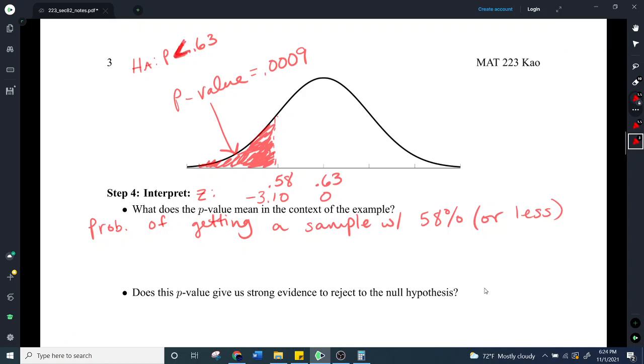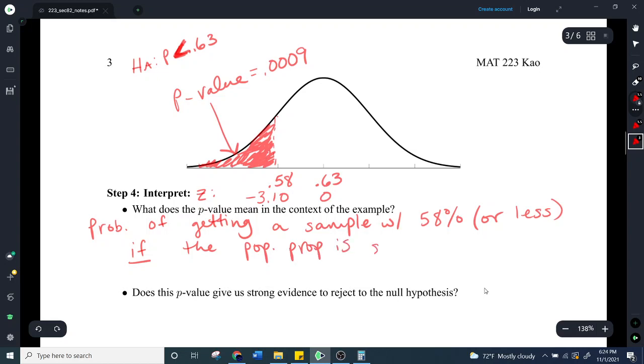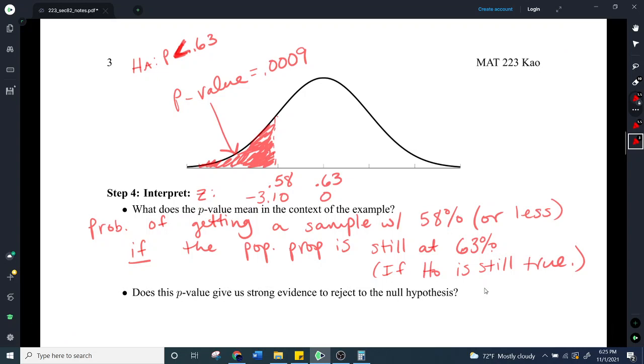So it's the probability of getting a sample with 58% or less if the population proportion is still 63%. Another way of saying that is if H naught, the null hypothesis, is still true, the likelihood of getting our particular sample of 58% or something smaller is 0.0009.